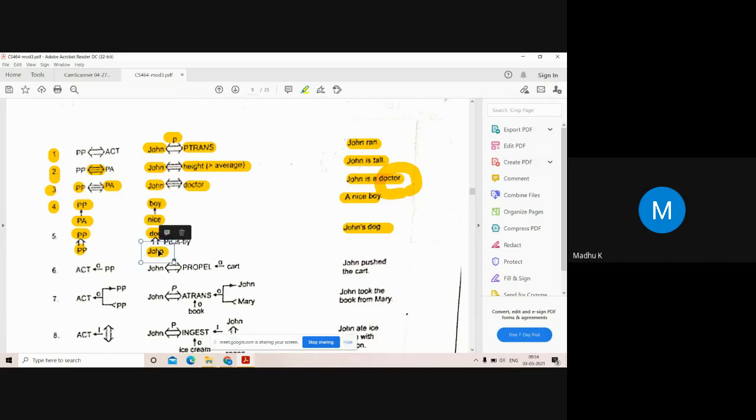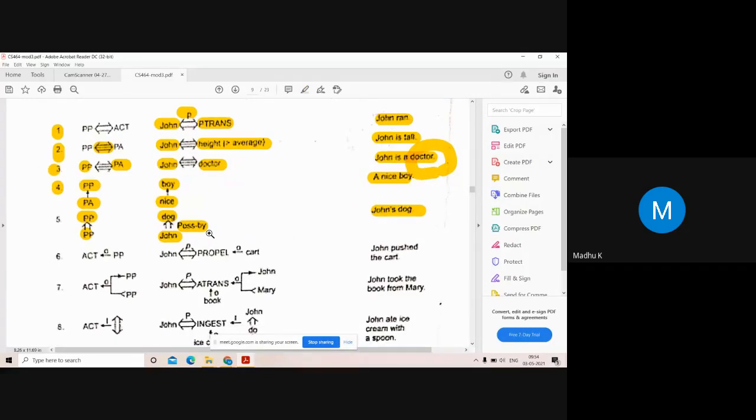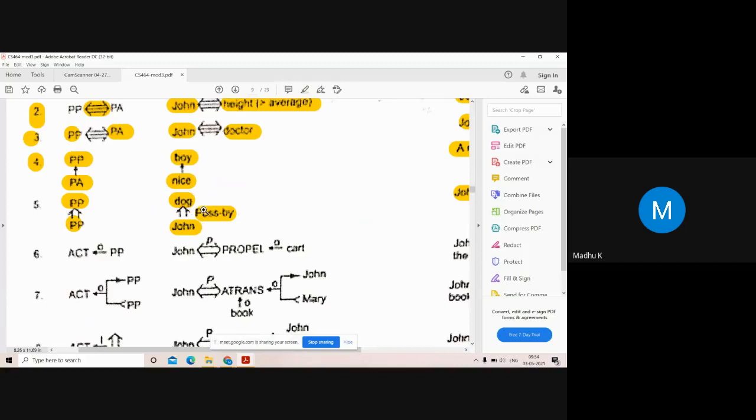Both are picture producers, and a possessed-by relation is used here, meaning possessed by or owned by.